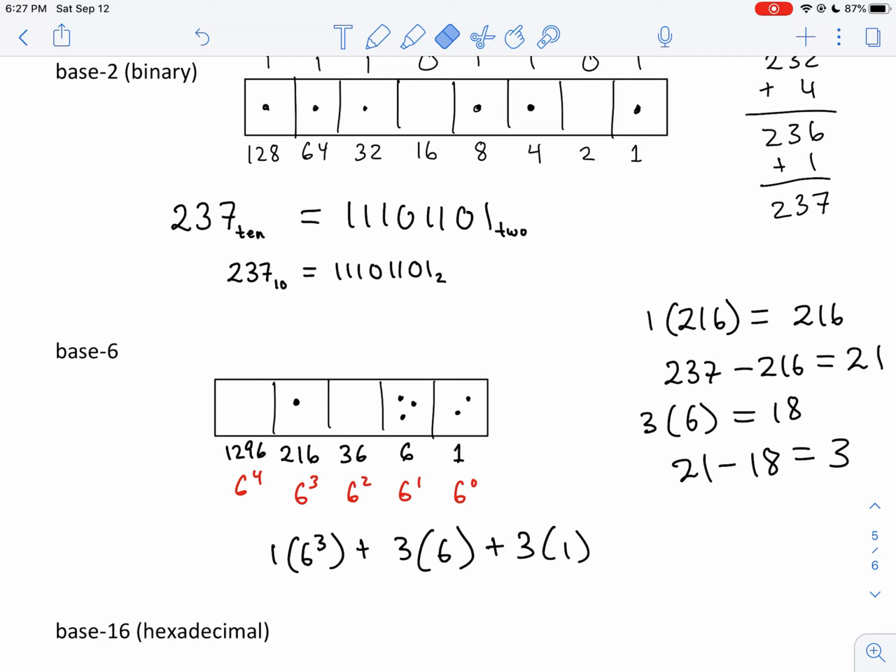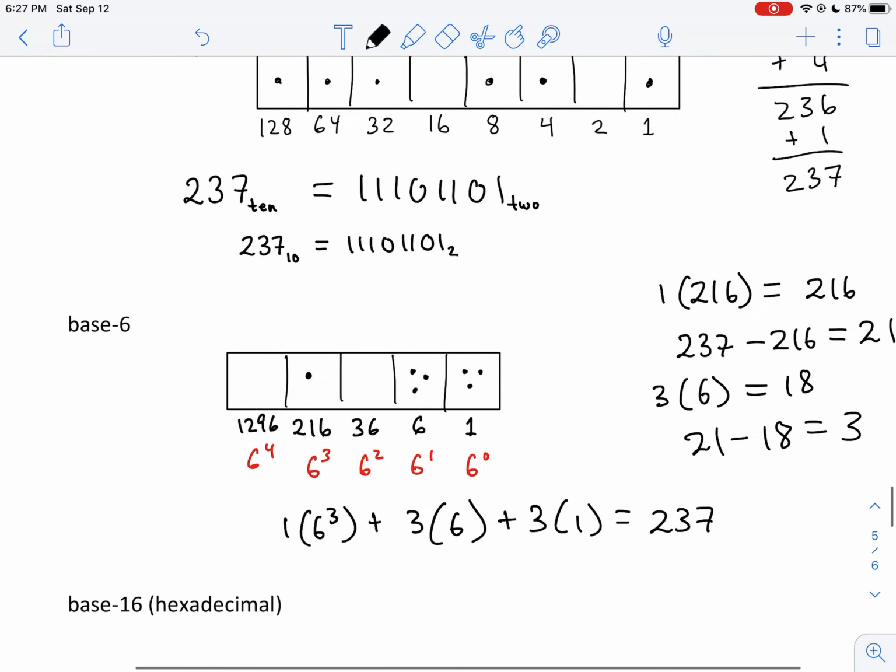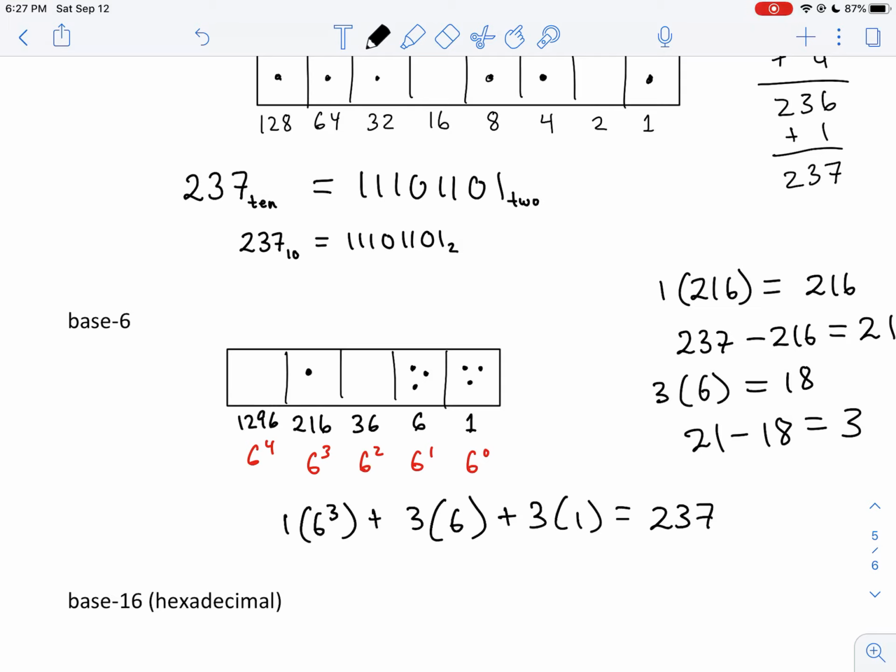What we just figured out is how to use powers of 6 to create 237. So 216 plus 18 plus 3. 216 plus 18 plus 3, that's 216 plus 21, that's 237, which is what we're after.